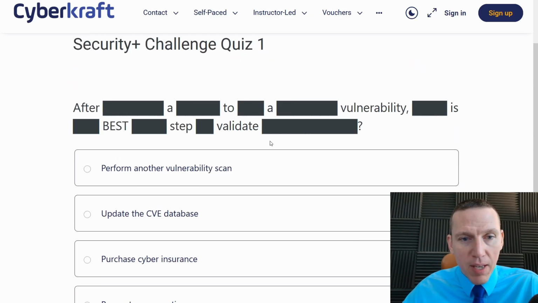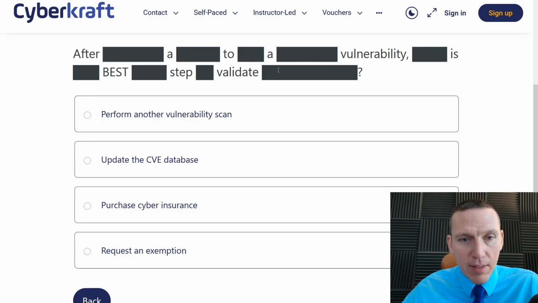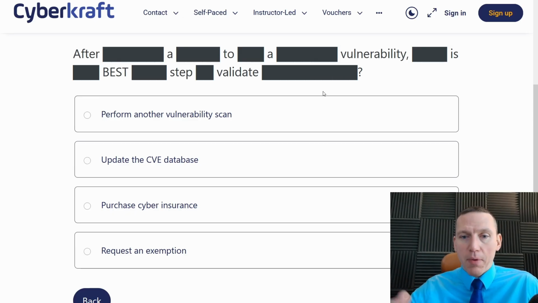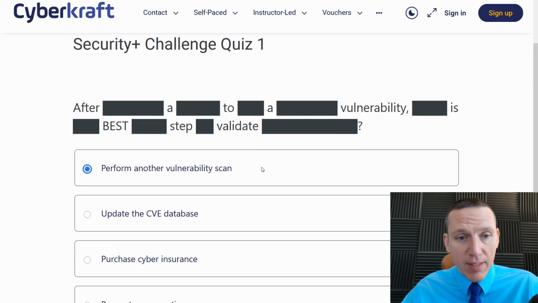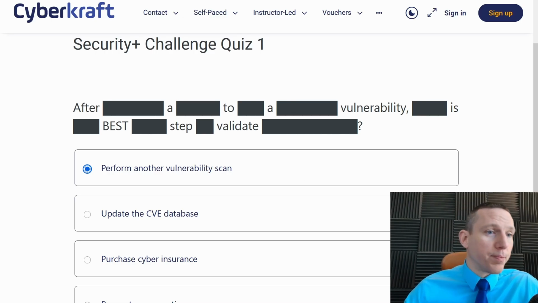Something is the next best step to validate. Well, if we're validating something, that means we've already performed a step and we want to double check what we just did. So updating the database won't validate anything. Purchasing insurance won't validate anything. And requesting an exemption won't validate anything. So I think this is the only thing that's going to validate something. So I think it's the first one.